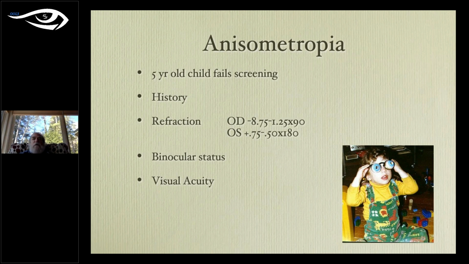In other words, if you've already had a significant problem like accommodative esotropia that has developed, emmetropization is in a sense now off the table. It's no longer something to think that much about, a little bit.